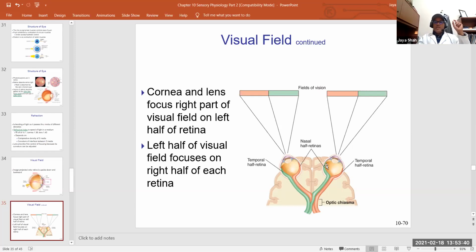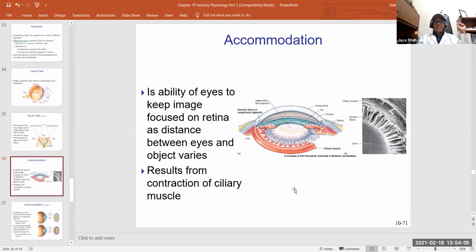And now the fibers from the nasal side, the optic nerve fibers, cross and go to the other side of the brain. But fibers from the temporal side go to the same side of the brain. That's why they are crossing. And this crossing area is optic chiasm. Your pituitary gland lies here. Okay.